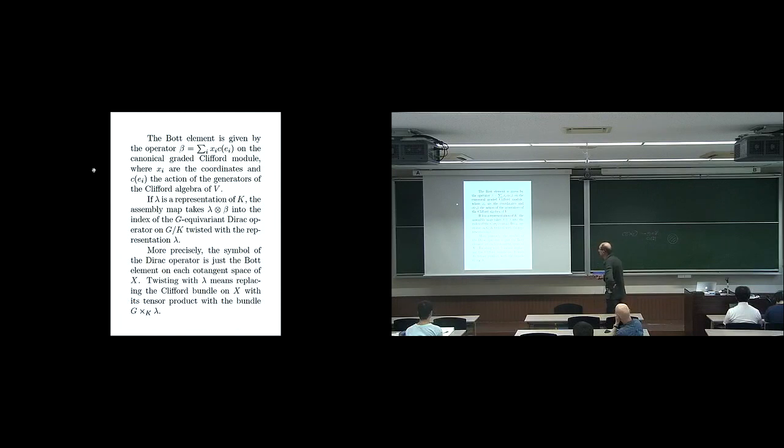The Dirac operator has exactly this symbol. If you take the tensor product with any finite-dimensional representation lambda of the group K, which means twisting with this representation, you will get the Dirac operator on a vector bundle tensored with an additional vector bundle.